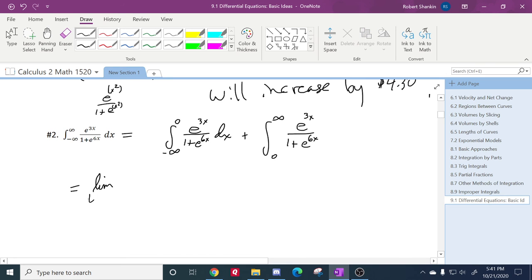Limit as t approaches negative infinity, from t to 0. Plus the limit, and we can use t again, it doesn't matter, as t approaches positive infinity, 0 to t.